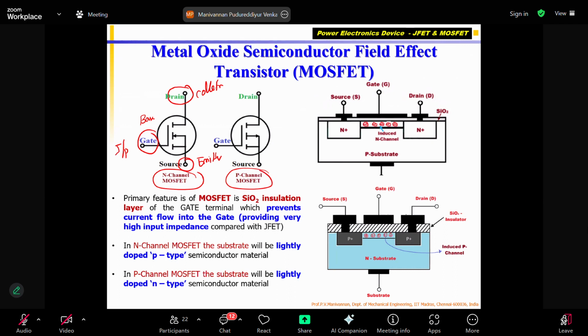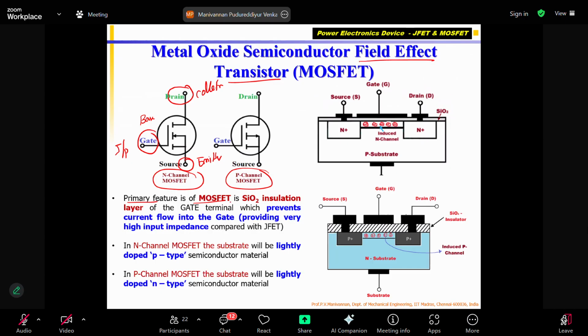Before digging deeper into the working of MOSFETs, we'll see the primary feature of a MOSFET compared to a FET. In the previous class, we talked about FET, if you remember. MOSFET is an extension of the field effect transistor. It has one additional layer, called the insulating layer, or silicon dioxide layer.